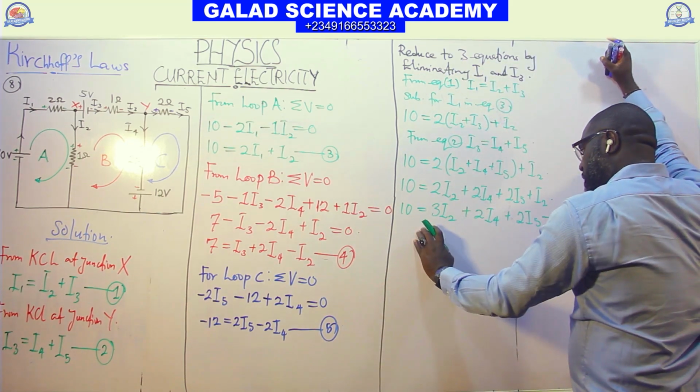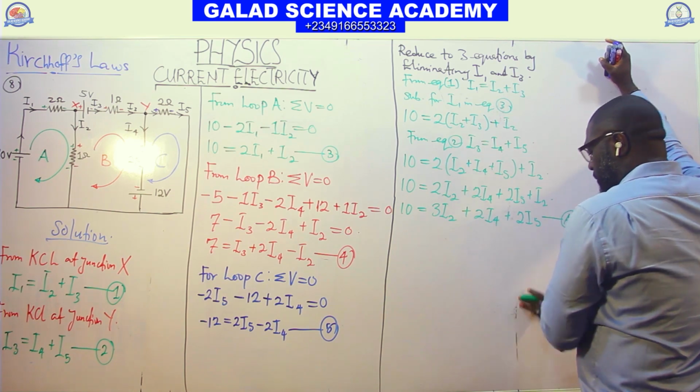This one will be equation A. We have 3 unknowns now.